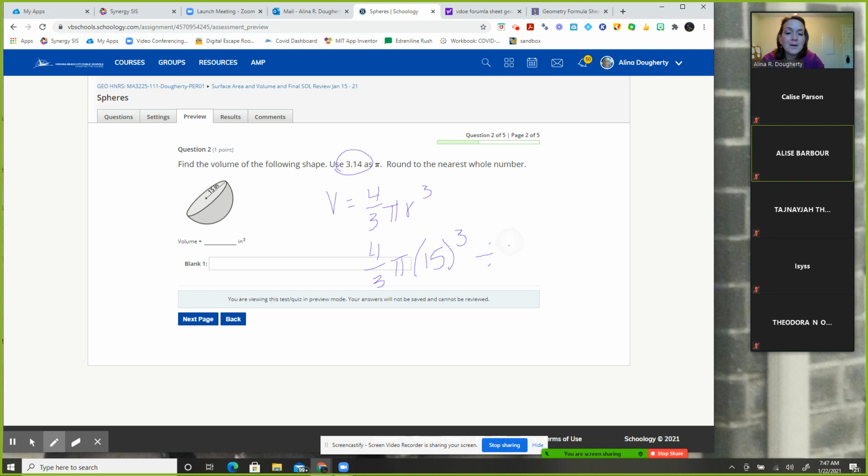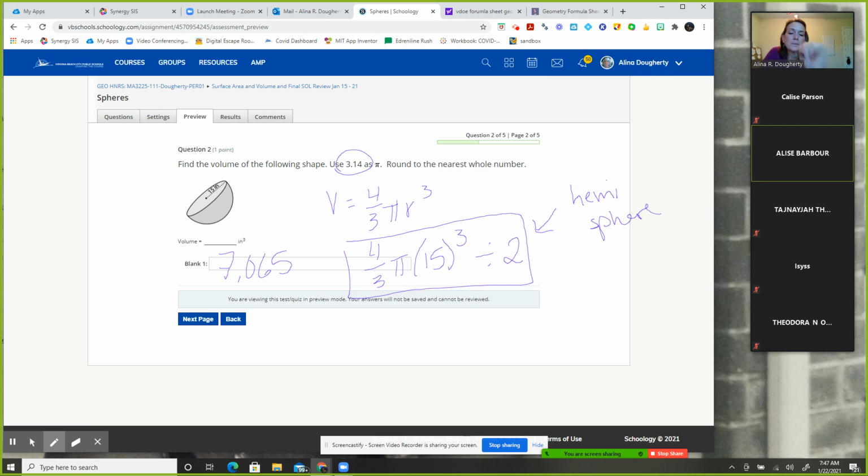But then at the end, we're going to divide it by 2 because we only need half of that volume, right? It's like half a grapefruit. So 4 divided by 3 times 3.14 times 15 to the third power is 14,130. And then divided by 2, you get 7,065. The trick here is to divide by 2 because it's a hemisphere.